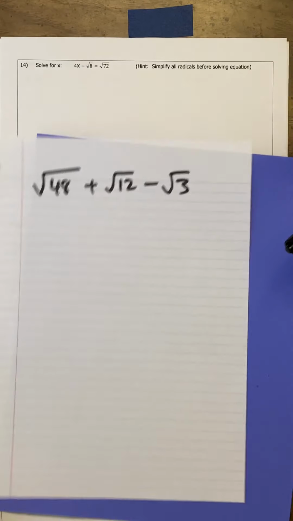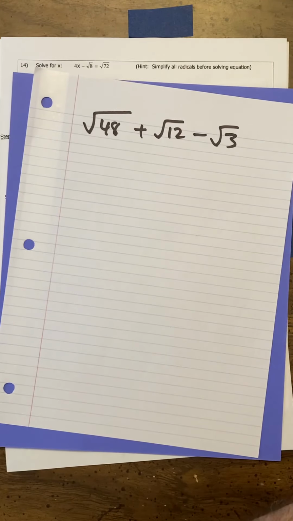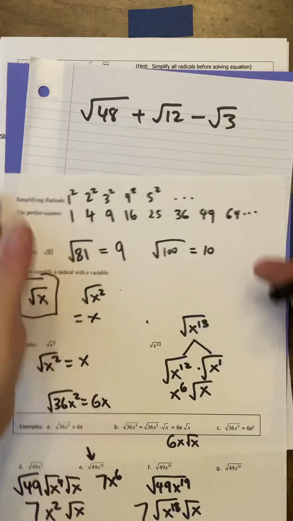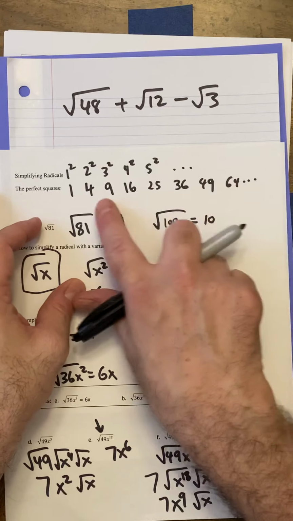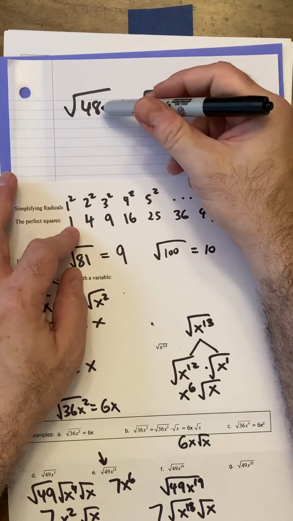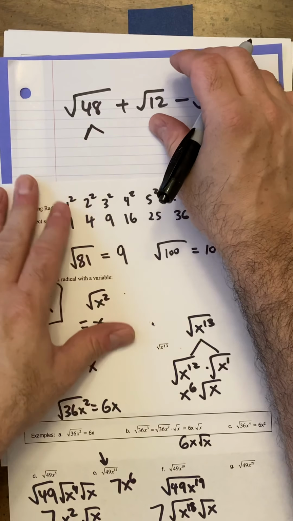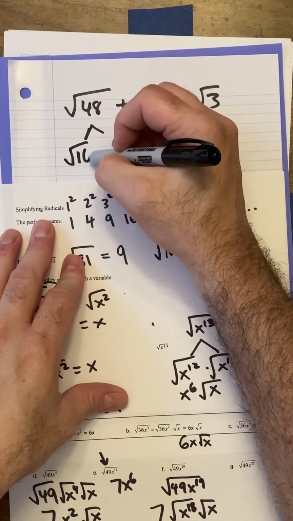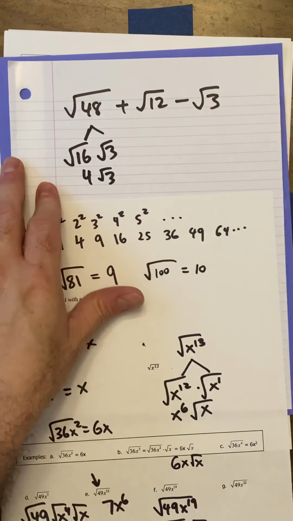All right, so rad 48. We got to find a perfect square that goes into rad 48. Let's look at our perfect squares again. We got, let's see, 4 is the only one. 4 actually, let's see, no, 16. 16 goes into 48 3 times. So that's going to become rad 16 rad 3, which becomes 4 rad 3. 12.